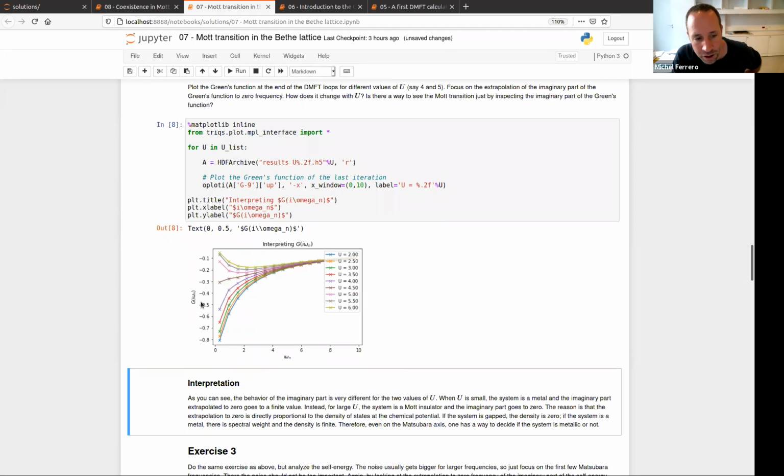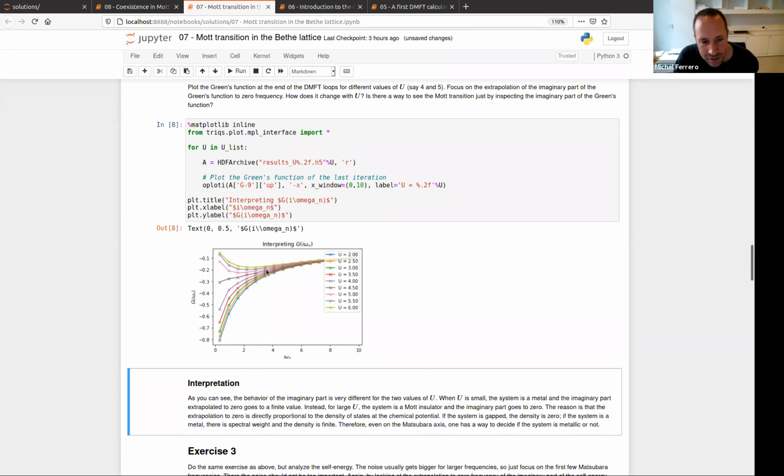Especially here, this is a plot of the Green's function that comes out of the solver for different values of U after having converged the DMFT equations. And you see, with a little bit of practice, you can actually recognize the Mott transition by looking at those curves. It takes a bit of a habit.